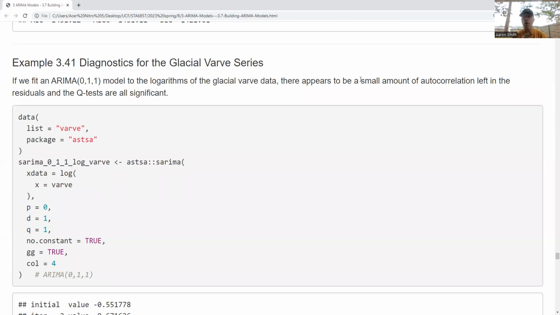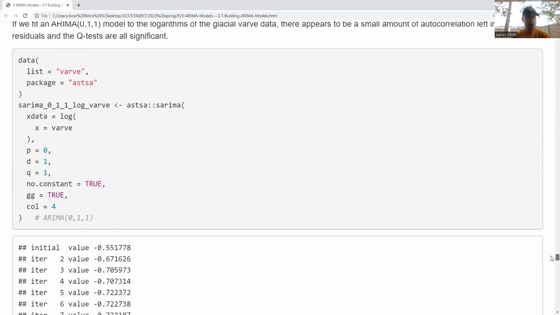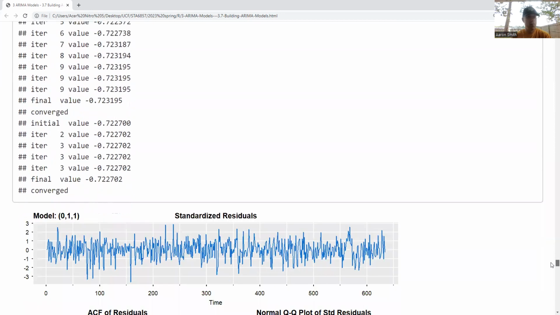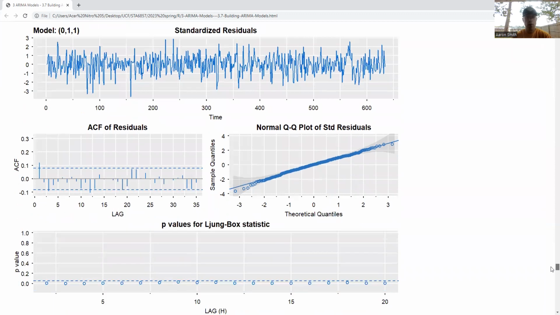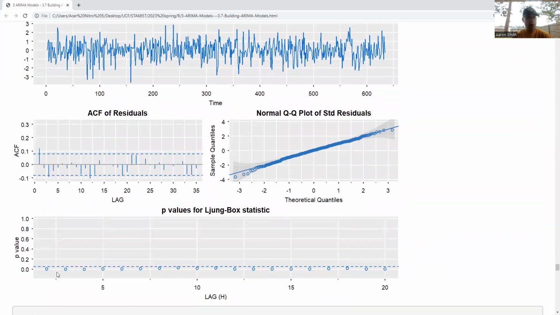There appears to be a small amount of autocorrelation left in the residuals, and the Q test gives us significance. And so we notice when we get down to here that there's some autocorrelation still going on, and we can see that in this plot. Notice how things tend to stay below 0 or they tend to be above 0 in groups.